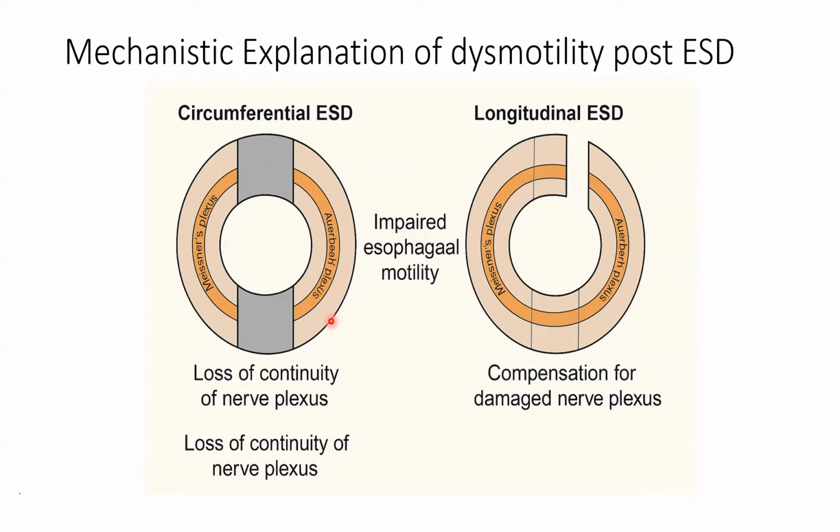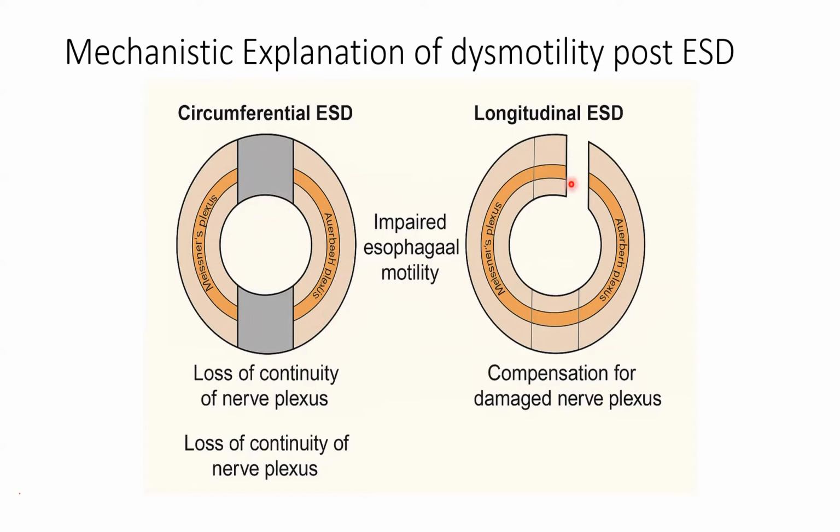But when we do an ESD, you are going to cut through the Meissner plexus. Practically, we don't see much change in a lot of studies because it's a single tubular organ. It should not affect anything much. Even if there is nothing mechanical, the foot should come down. But if you do a circumferential ESD, as you can see in the first diagram, you will definitely cut through the plexus and lose its continuity.